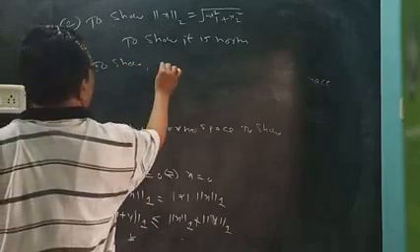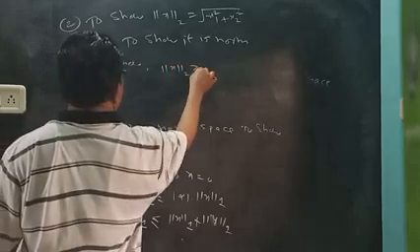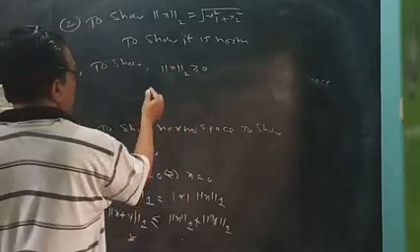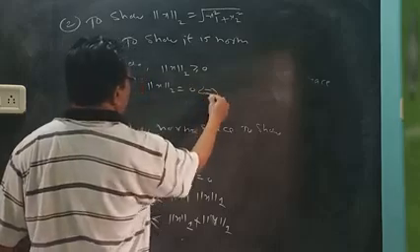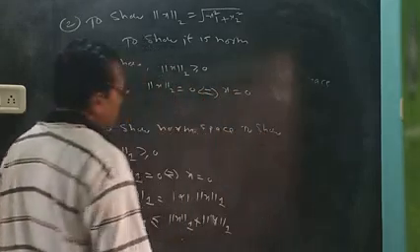To show norm of x at the 2 must be positive. Norm of x at the 2 equal to 0 if and only if x must be equal to 0.